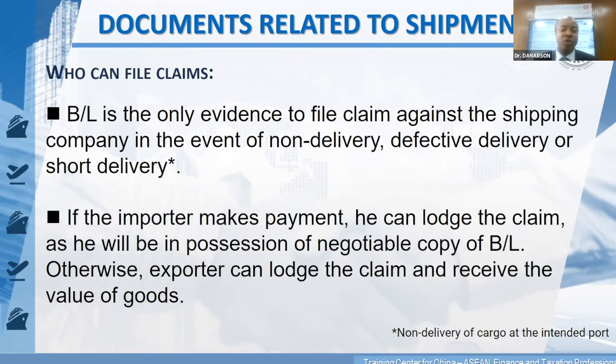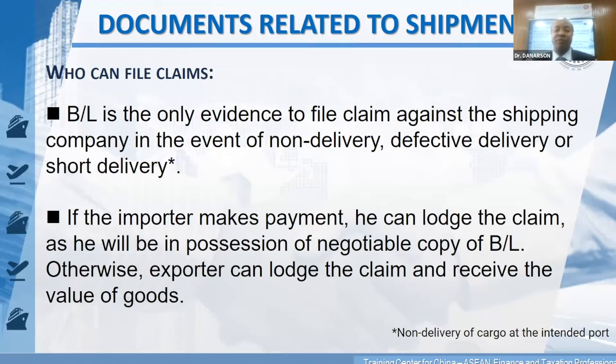And short delivery, non-delivery of cargo at the intended port. Like if you are living in one country, there are 2 ports. One is in the south, one is in the north. The one in the north is closer to your place, and that was written in a contract for shipment. And now you receive the goods in the south, which is very far away. You have to pay extra money to get it from there.